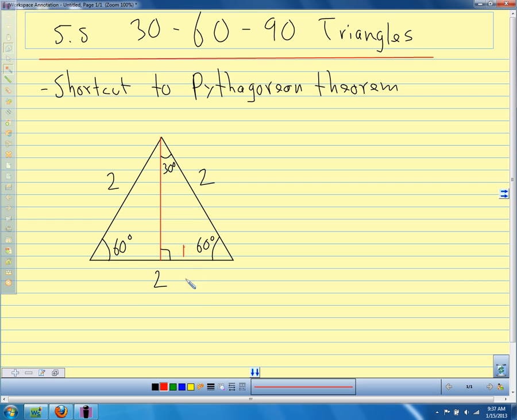So now we know 2 sides of this right triangle. Here's my 30, 60, 90 triangle. One side is 1 unit long. The other side is 2 units long. Well, let's figure out which sides we have. What side of the right triangle is 2? With our Pythagorean theorem, is that A, B, or C?